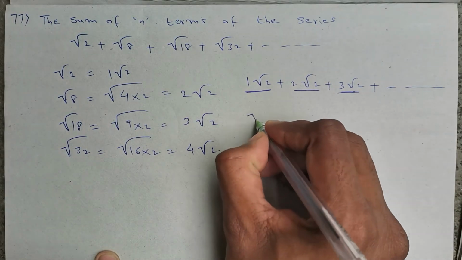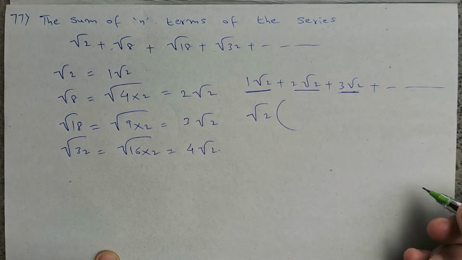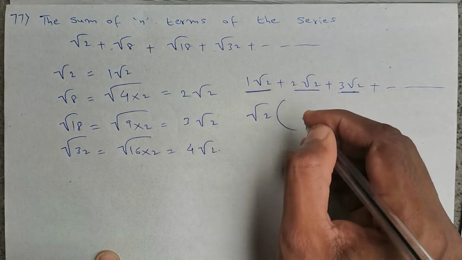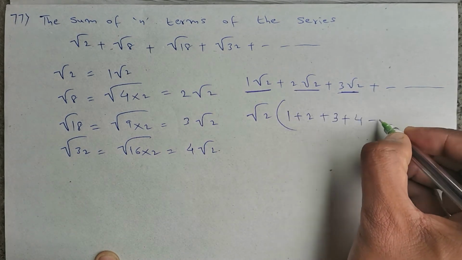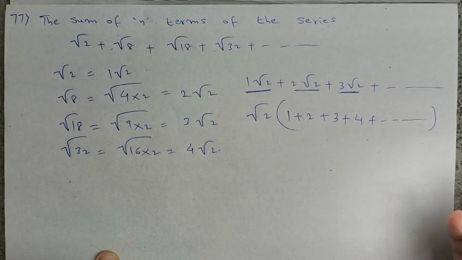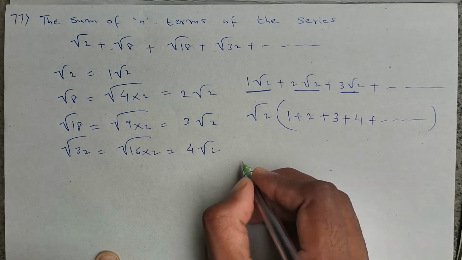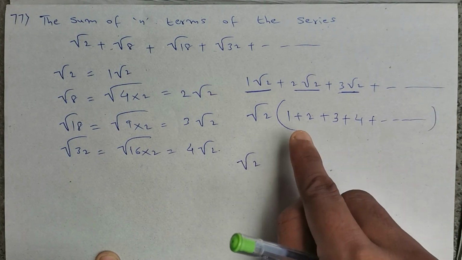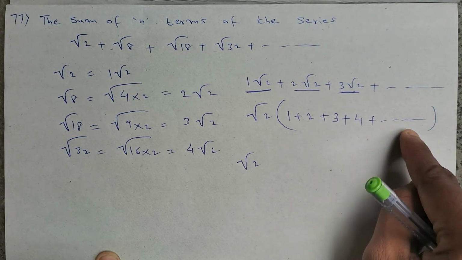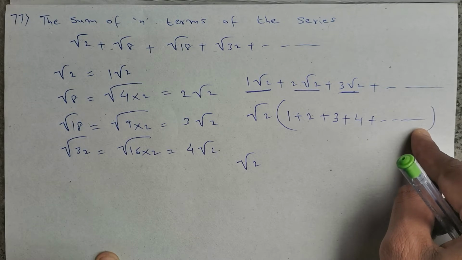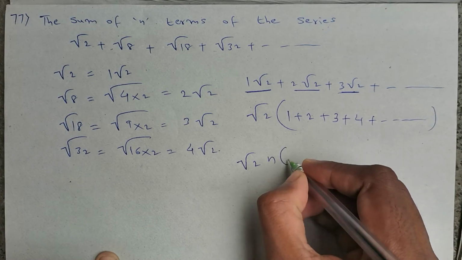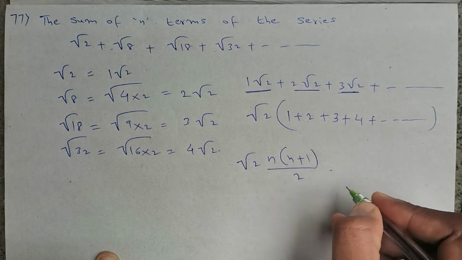So I will take root 2 common. If we take root 2 common, from the first term 1 will remain, plus 2 will remain, plus 3, plus 4 and so on. Now this root 2 as it is, 1 plus 2 plus 3 plus 4 till n. Sum of the first n natural numbers, n into n plus 1 by 2.